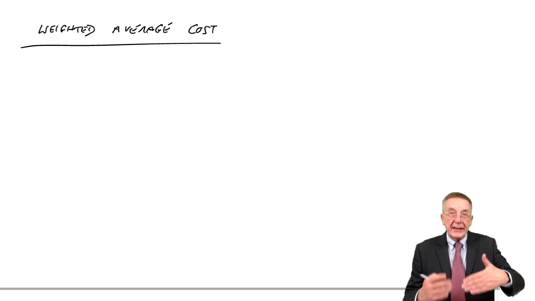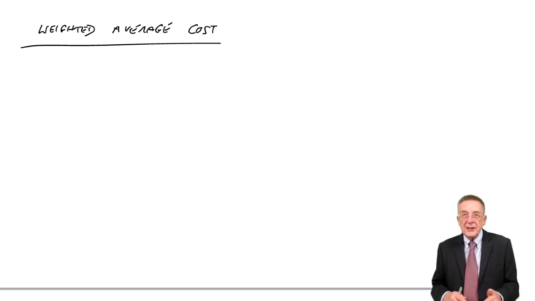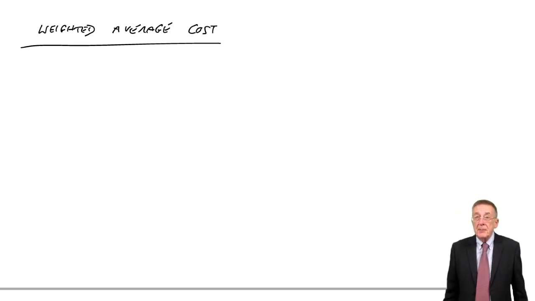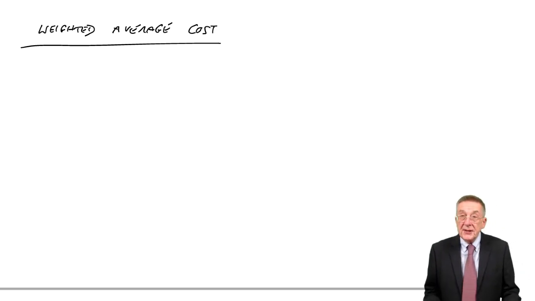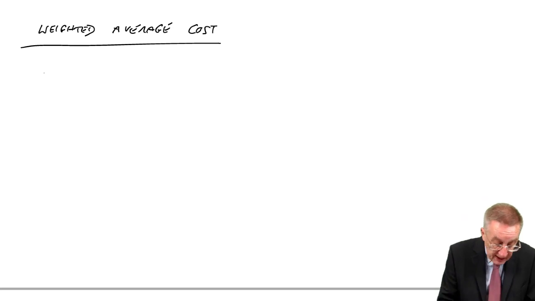Instead of trying to match them and saying, oh, FIFO, we're always selling old ones, or LIFO, we're always selling new ones, we value at the average. But it's not quite as simple as it may sound. We have to do it step by step. Just watch me and see how it works.